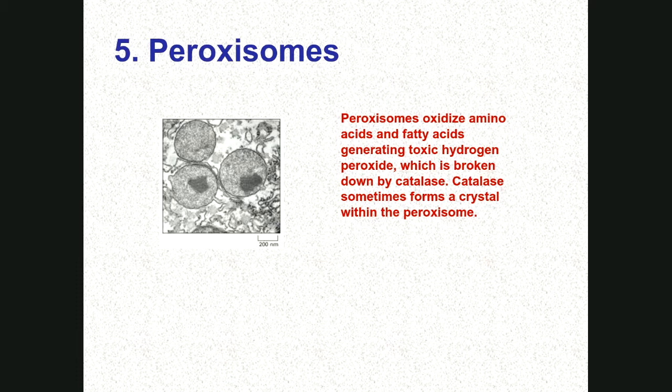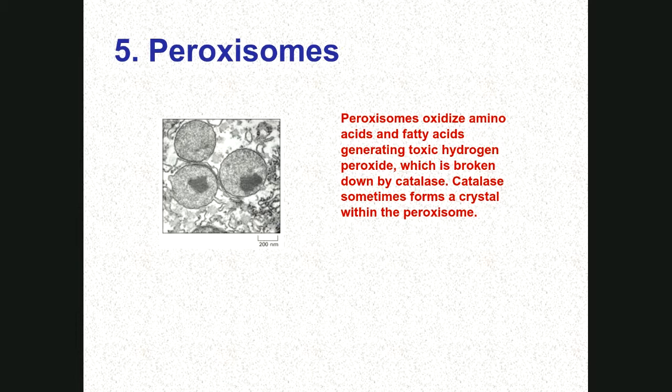Sometimes this catalase forms a crystal within the peroxisome. And because it generates this hydrogen peroxide, the liver and the kidney have to destroy this hydrogen peroxide, to catalyze it into water and oxygen.